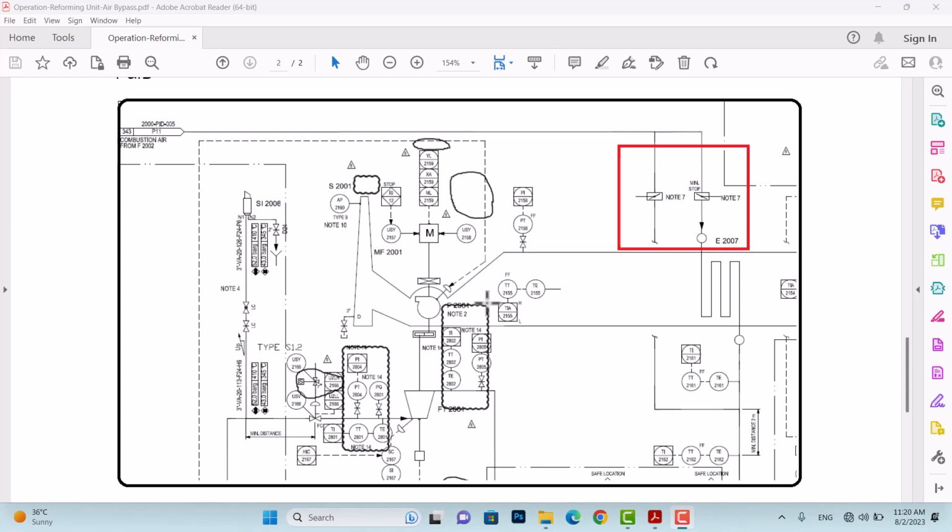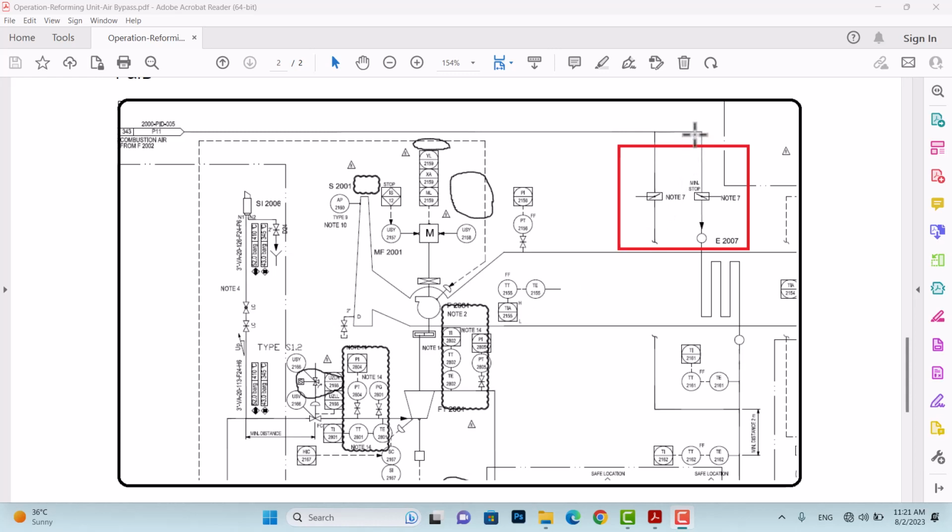And now you might ask: what is the relationship between this and the bypass here? Imagine that this temperature indicator shows that the temperature is less than 150 degrees Celsius. Let's say it is 140 degrees Celsius. Now I have to take some action in order to increase the temperature.